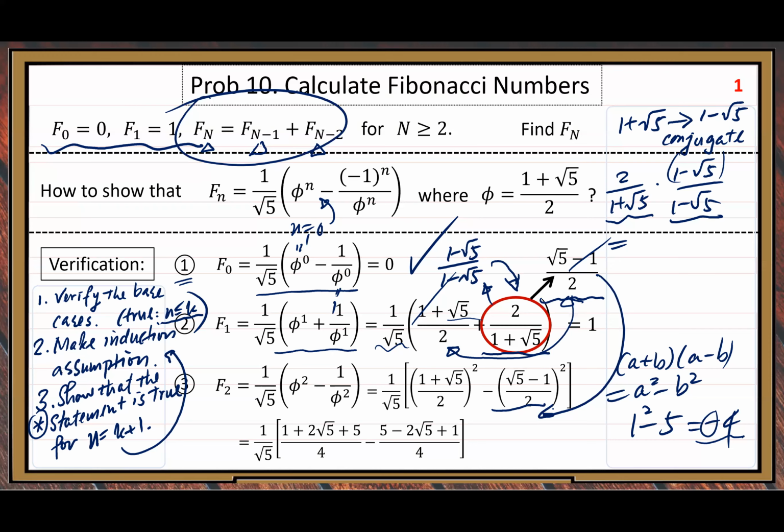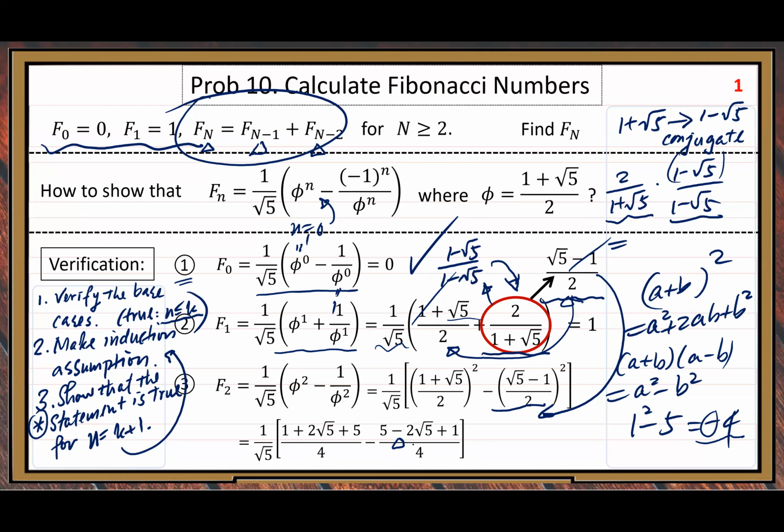This time we use the a plus b squared formula, so you do expansion using this formula, 2ab plus b squared. And the minus version, you have the a minus b squared formula. Then cancellation.